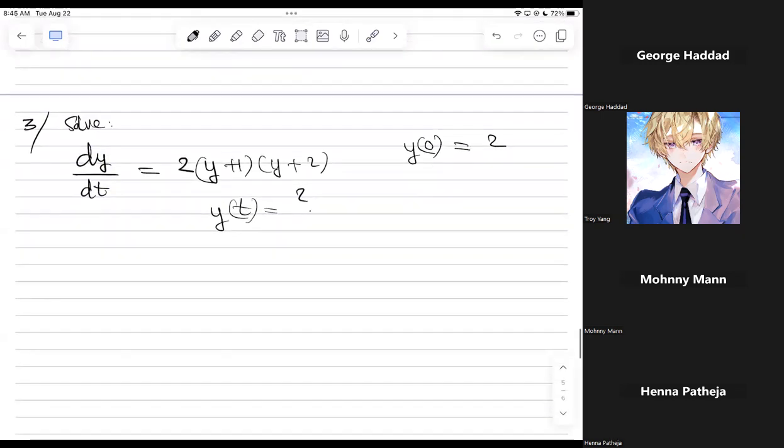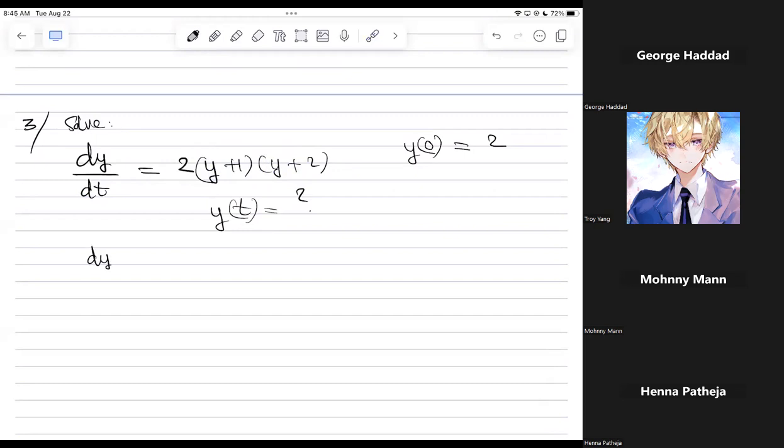Okay, the first step is you need to separate the variables. How can you separate them? You have y plus 1 times y plus 2, so you can just divide both sides by y plus 1 times y plus 2 and multiply both sides by dt.